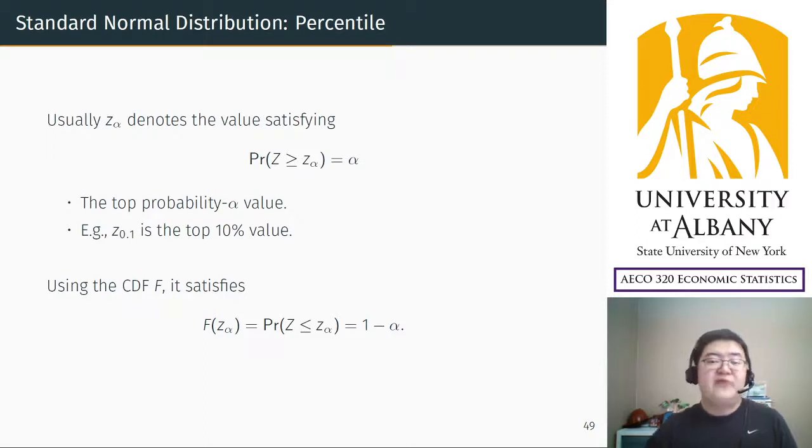If you express this using the CDF, it satisfies: the probability of being smaller than the top alpha value equals 1 minus alpha, because alpha counts from the top, but the CDF counts from the bottom. This is why many students are confused at this point.